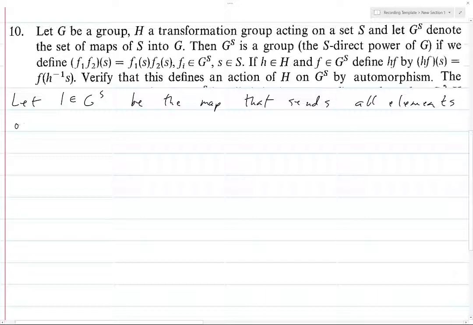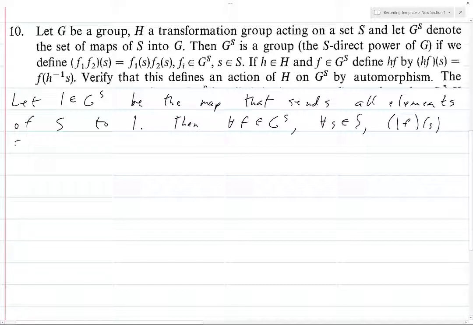Anyways, 1 in S sends all elements of S to 1. Then for all f in G^S, and for all s in S, (1f)(s) is equal to 1(s) times f(s), which, let's see here, 1 sends everything to 1, so it's just f(s).